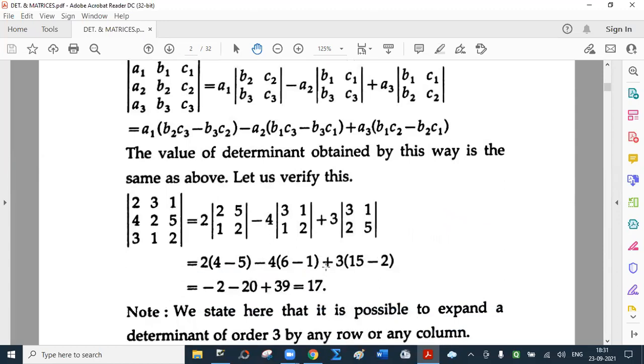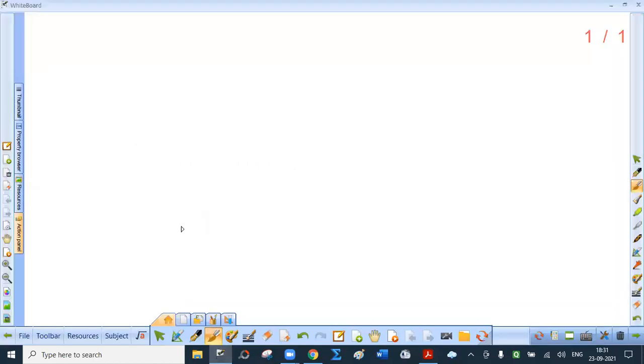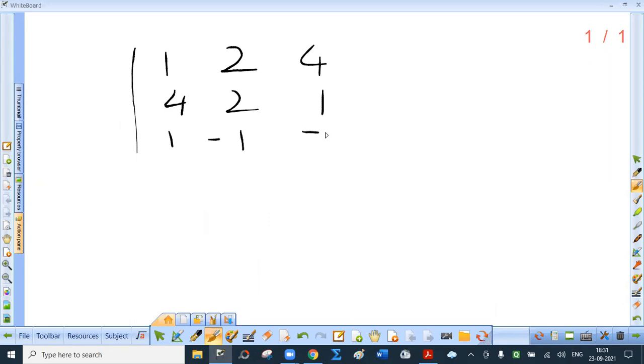Now before I explain the concept of minor and cofactor of elements of determinant, let us solve few sums from exercise 4.1. Before that, let me tell you one convention. See, if this is 1, 4, 4, 1, 1, minus 1, 7.